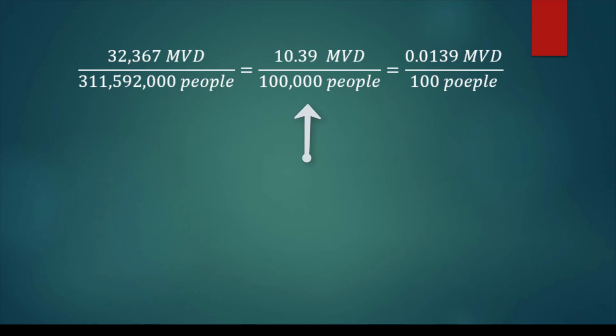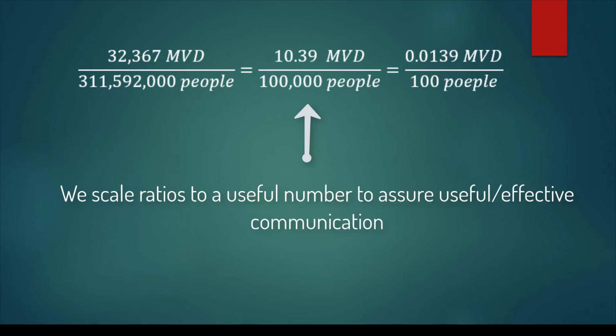Whereas the one in the middle is easiest to understand and compare to other years. So basically, we scale ratios to a useful number in order to assure communication. That's the whole idea. We could scale these to any bottom number we wanted. But the per 100,000 in this case is the best.